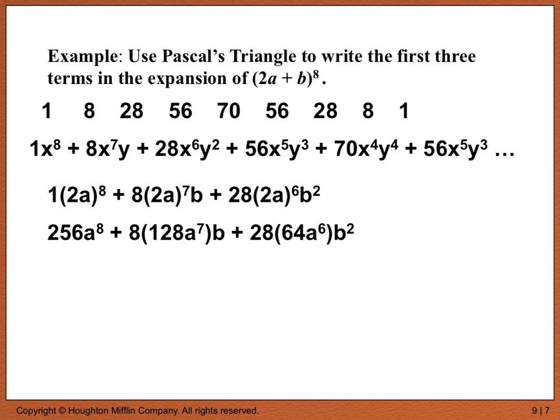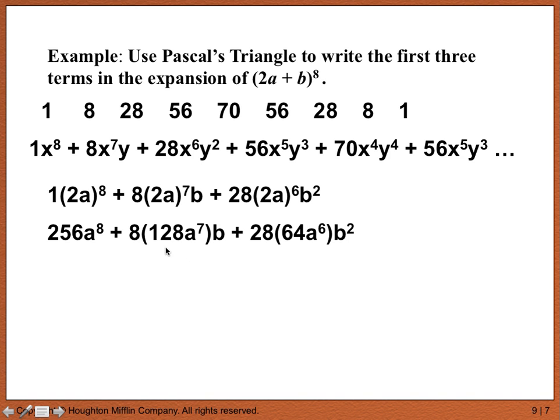256a to the 8th plus 8 times 128a to the 7th b plus 28 times 64a to the 6th b squared. Notice just a little, quick Algebra 1 and 2 review. This 2a, the whole thing is raised to the 8th power, so that's why 256 is 2 to the 8th, a to the 8th. And this 2a to the 7th power is 2 to the 7th, a to the 7th: 128, a to the 7th.